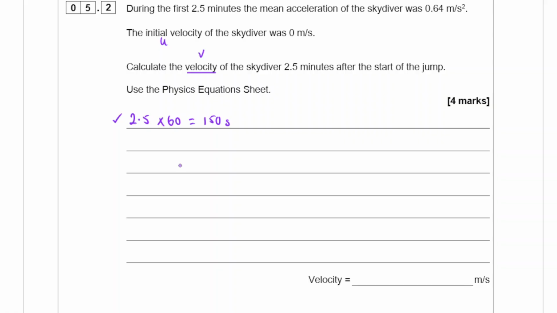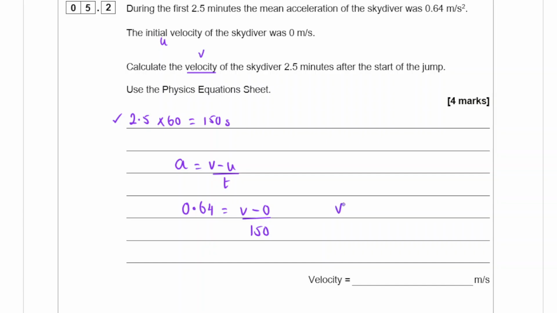Now acceleration equals change in velocity, final velocity minus the initial velocity, divided by the time. Right, so let's substitute it first. 0.64 equals v minus 0 divided by 150.